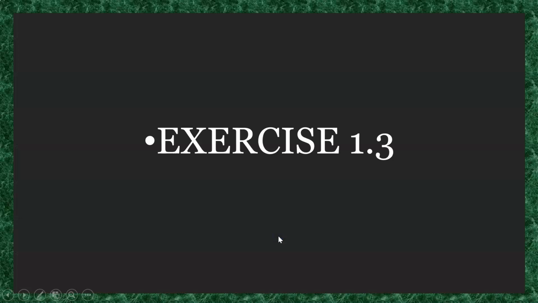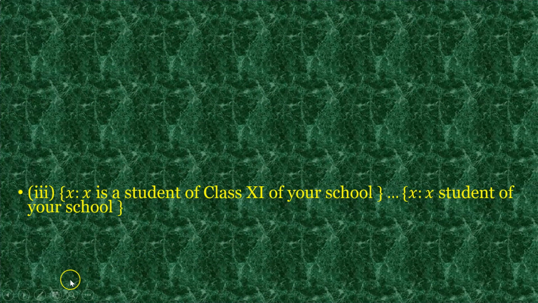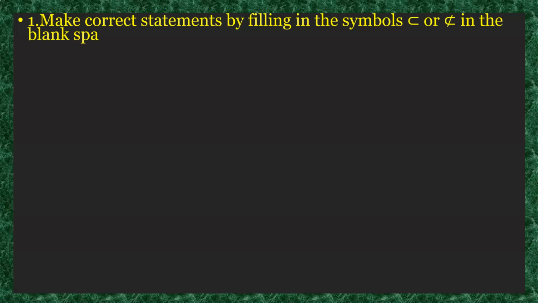I will start Exercise 1.3. Now the first example. Make the statement correct by filling in the symbols belongs to, subset of, and not subset of in the following blank spaces.